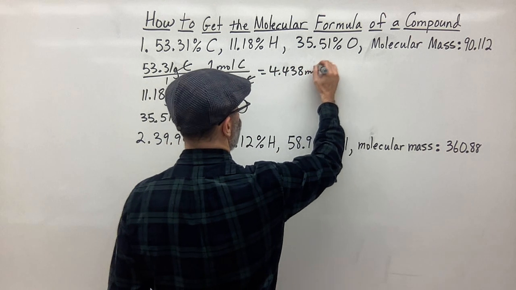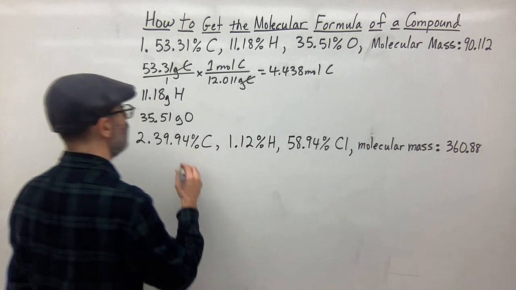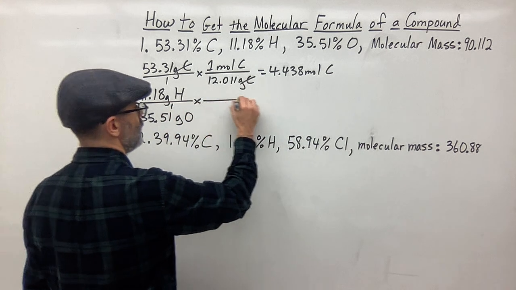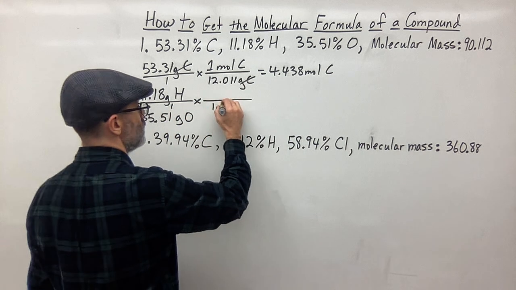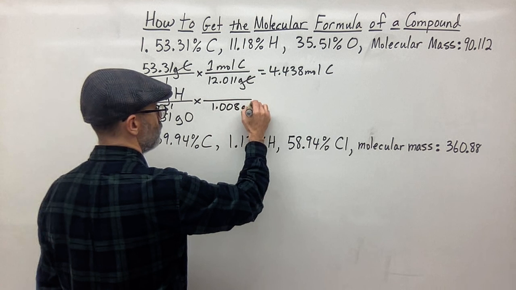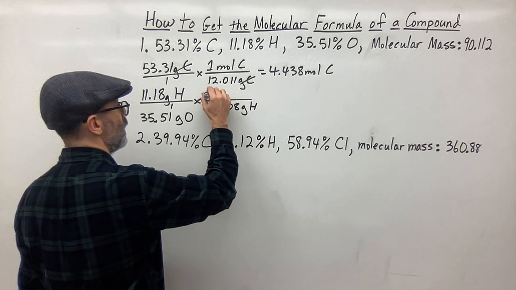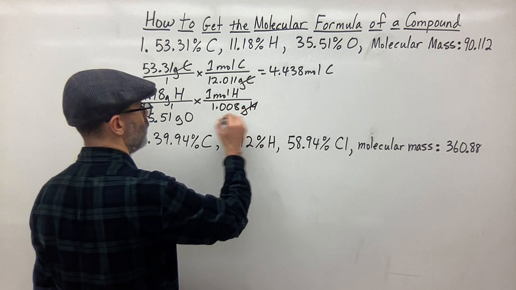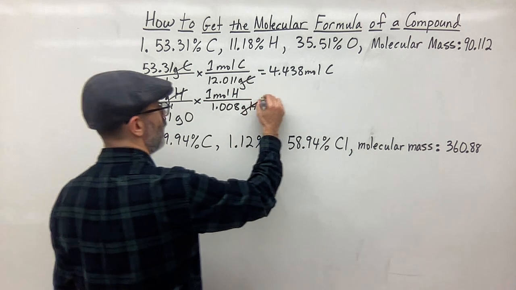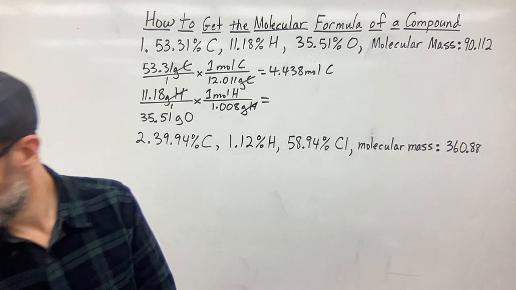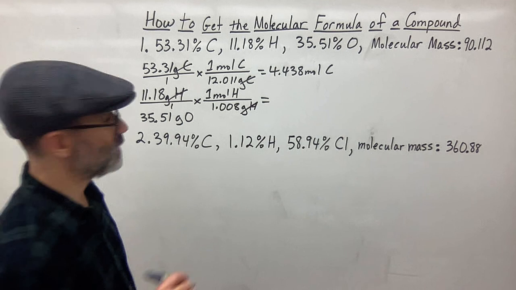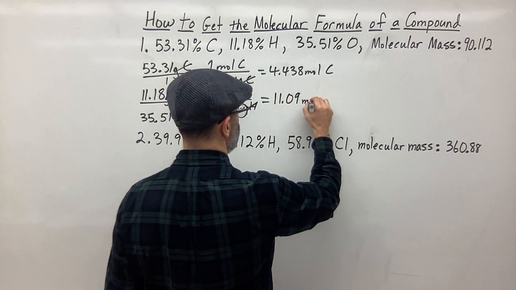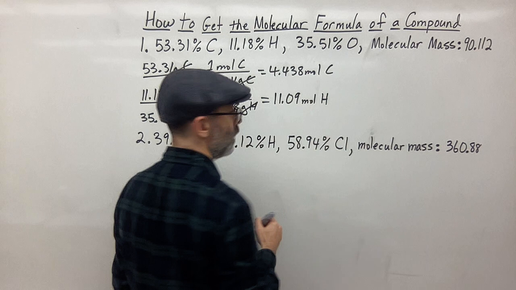Next, I'm going to multiply hydrogen by its molar mass: 1.008 grams of hydrogen on the bottom, 1 mole of hydrogen on top. The grams cancel out, and I get 11.09 moles of hydrogen.